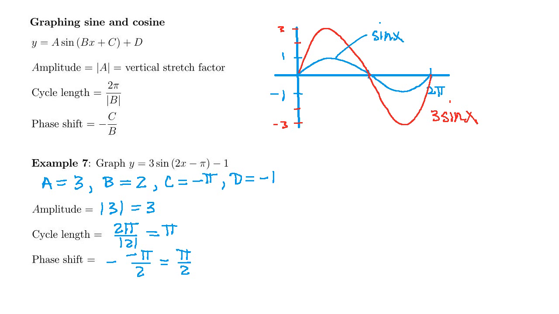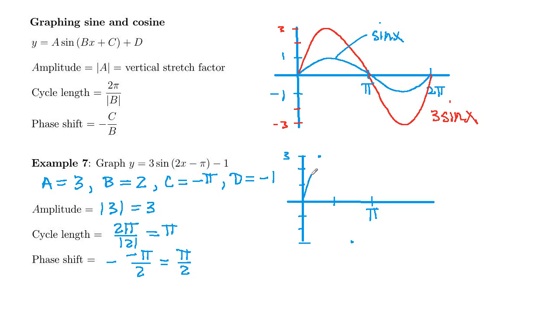Next, we will go ahead and do our cycle length adjustment. So now instead of going out to 2 pi, it's only going to have a cycle length of pi. But still going to go up to 3 and down to negative 3. So it's going to hit in the middle at pi over 2.